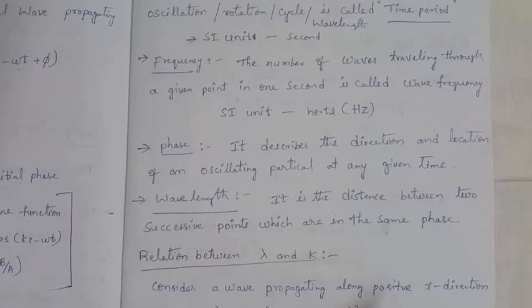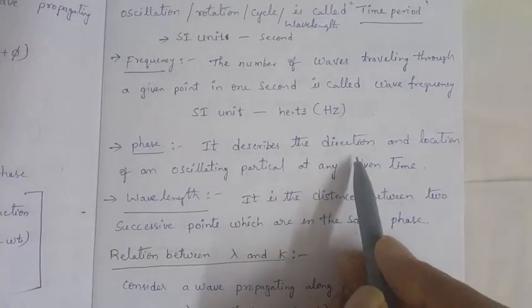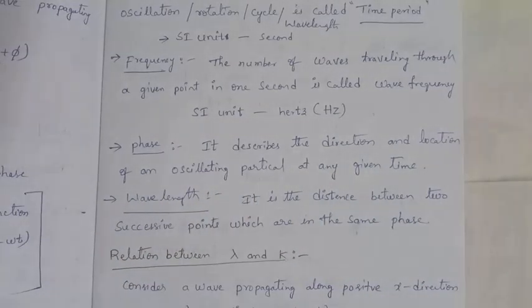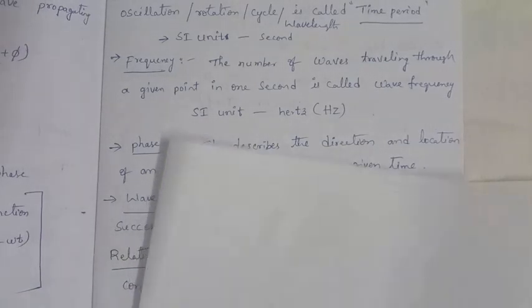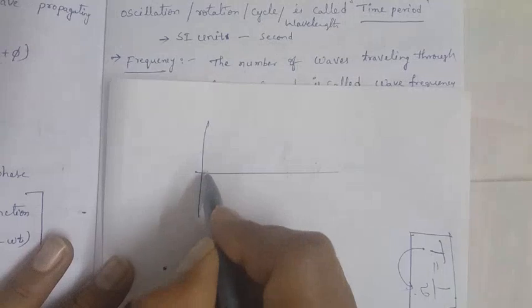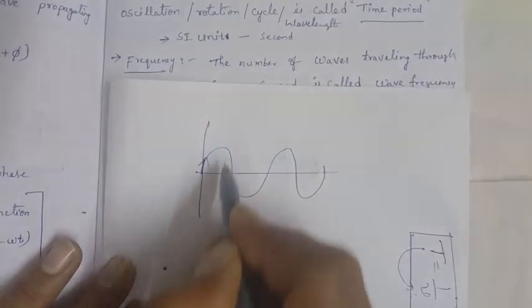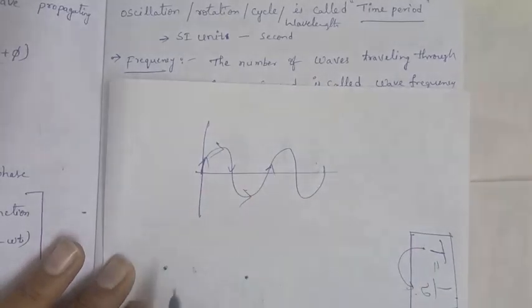So the next one is the phase. It describes the direction and location of an oscillating particle at any given time. So at that time, what is the direction of the particle? Here it is the wave. This is the upward direction, and here is another direction.